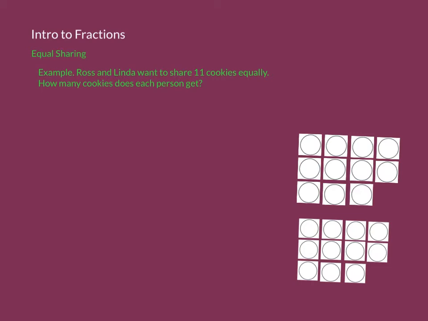My guess is that you probably did it in one of 2 ways. Some of you may have drawn perhaps like a little stick figure, and you said, well, this here is Ross, and then this here is Linda.